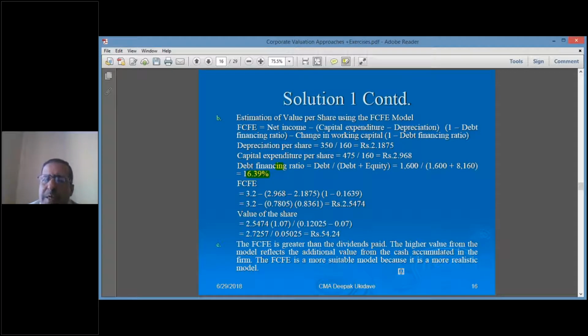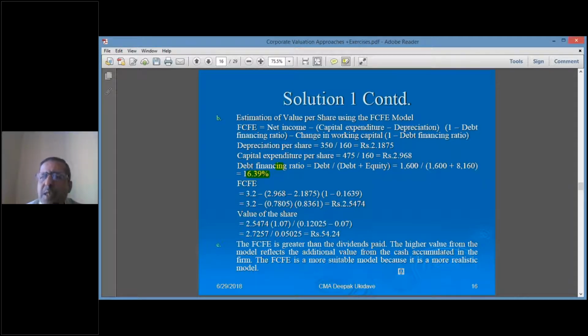Thus, it throws light on the potential income generating ability of the firm.